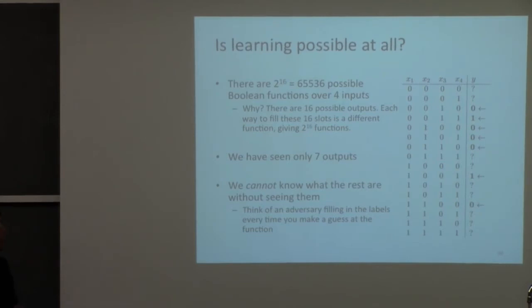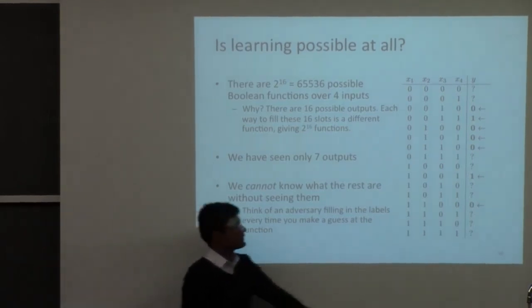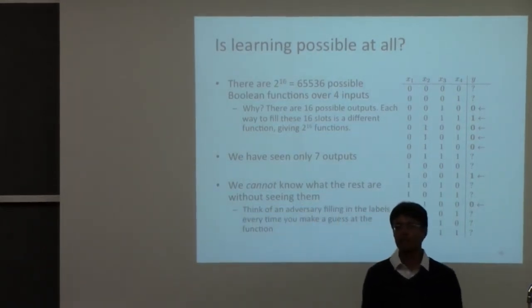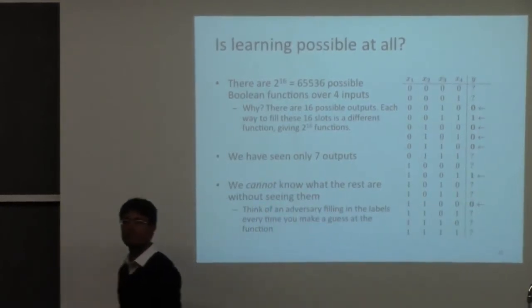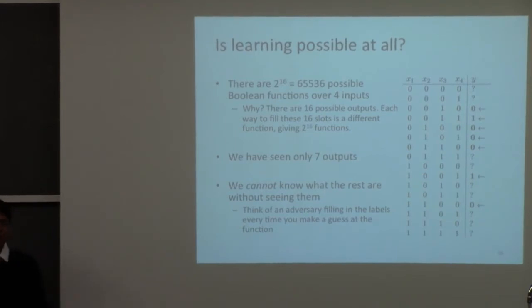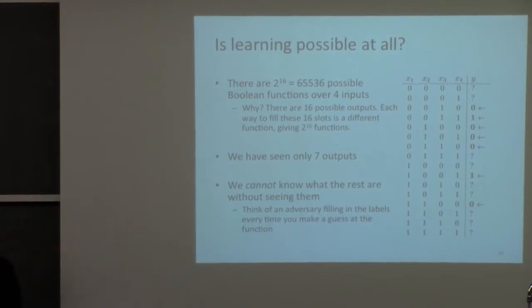So I will run that function on all the missing elements of this vector and flip all those bits. I'm allowed to do that because I haven't told you anything. You can only hold me up to the examples that are annotated, that are labeled.